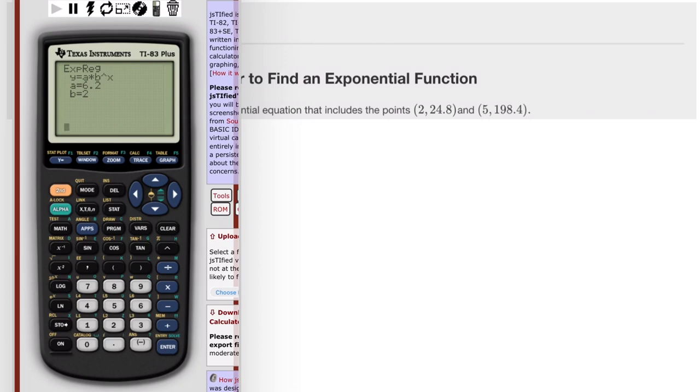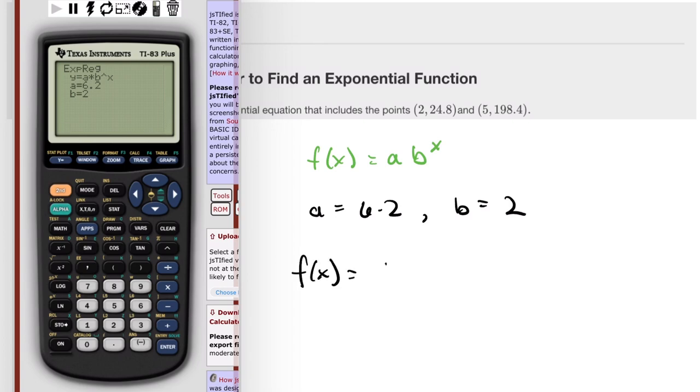So again, if we're using the model f of x equals a times b to the power of x, it looks like our a from the calculator is 6.2 and our b is 2. So we're saying that f of x takes on the form 6.2 times 2 to the power of x.